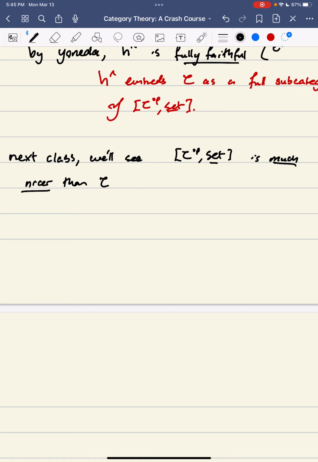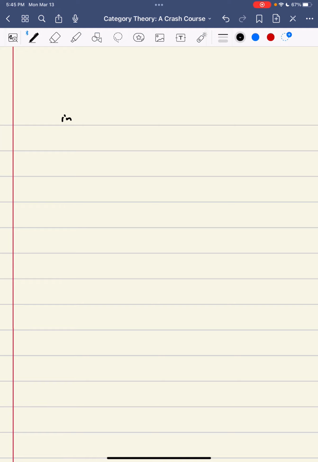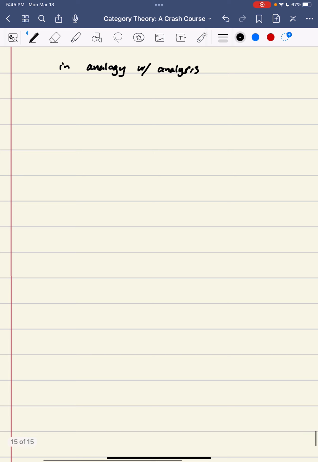There's a really nice analogy here with analysis. So in analogy with analysis, once we go through single variable calculus, single variable analysis of real variables and everything, we start learning about distributions. You can embed smooth functions into distributions.